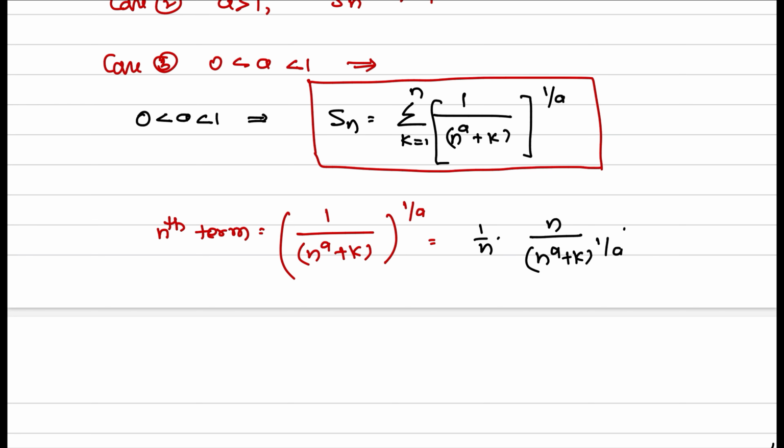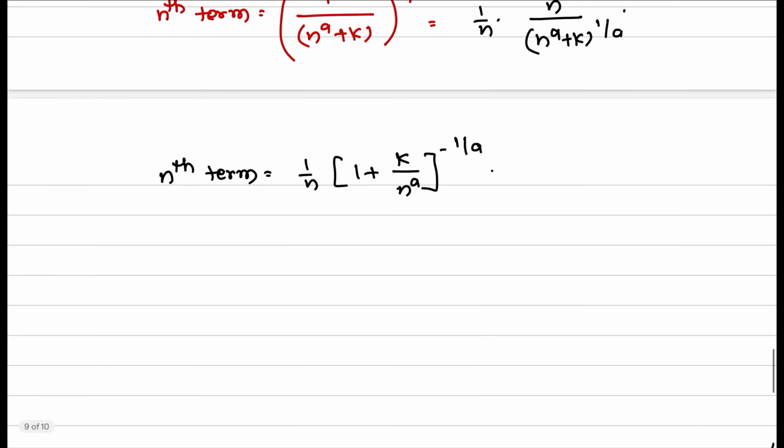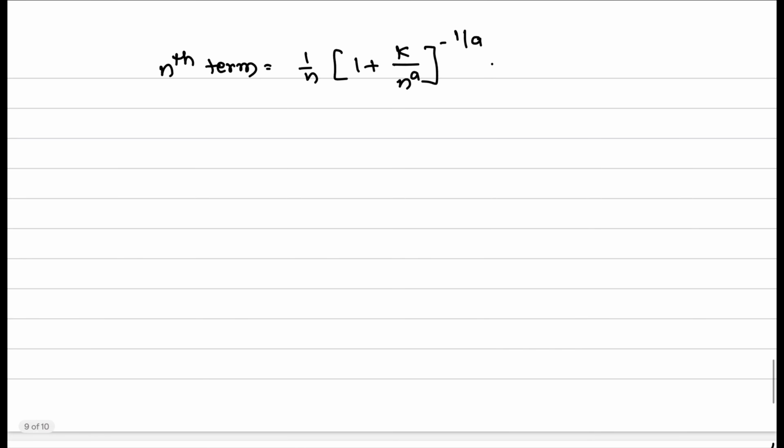This is written as the nth term is equal to 1 by n into (1 plus k by n to the power of a) to the power of minus 1 by a. This is what we have got from the previous discussion.